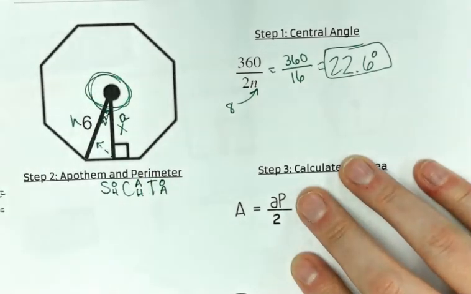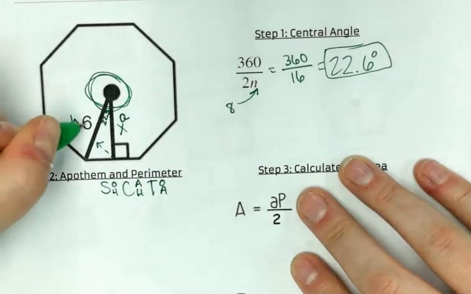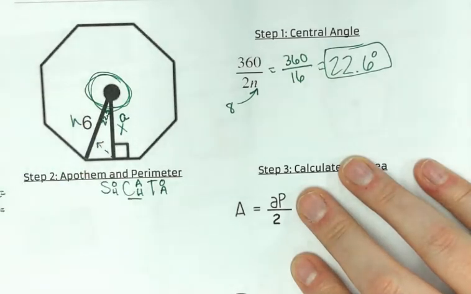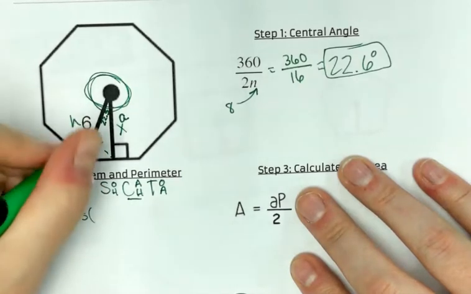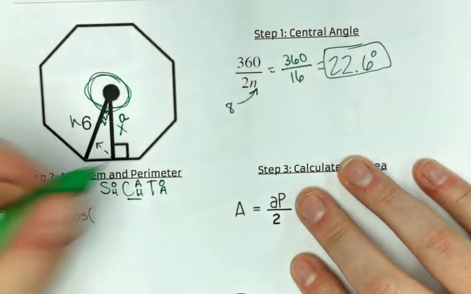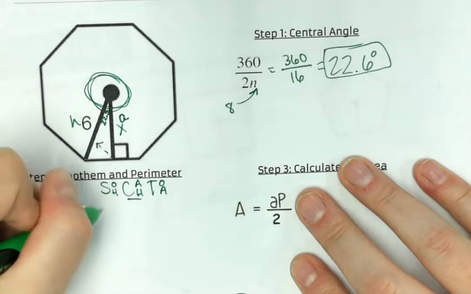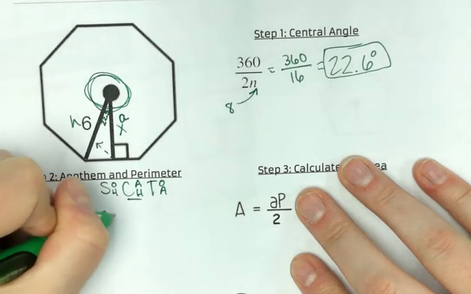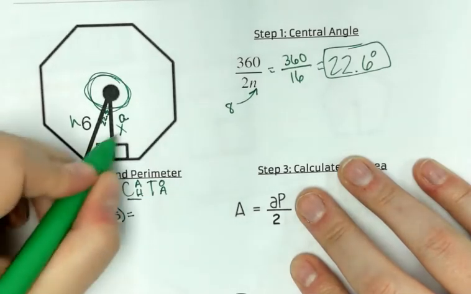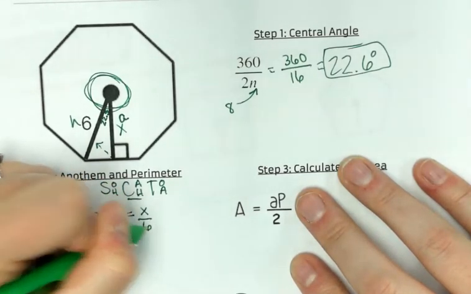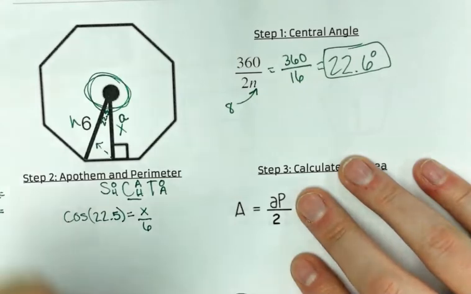So that's my trig key. So if I have A and H, I want to use cosine. Cosine of 22.5 equals the adjacent side, which is x, over the hypotenuse, which is 6. So we are going to multiply.